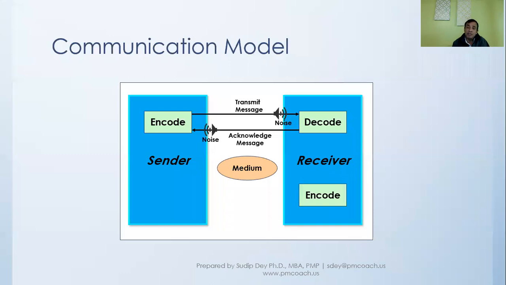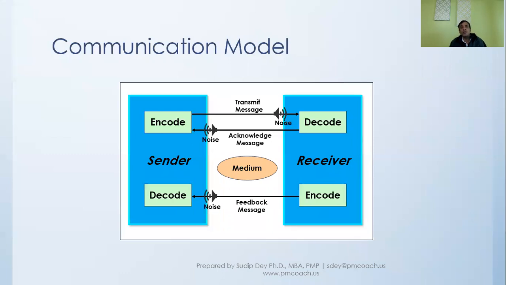Now, at the receiver end, the receiver can then probably understand and have some feedback that the receiver is thinking, and that thinking will be encoded, and the feedback message will be sent to the sender. At the sender end, the sender will decode the message to understand what the feedback message is.